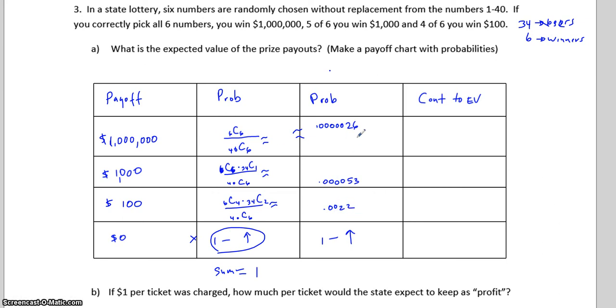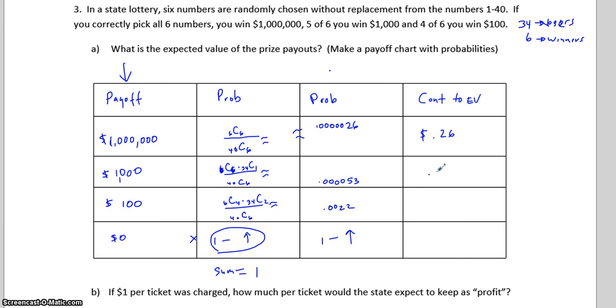And then to get the contribution to expected value, what we're trying to do is find the expected value of this column, the payoffs. So we just multiply payoff times probability here. And when you do that on your calculator, you get approximately 26 cents. So the $1 million times this tiny fraction contributes 26 cents of expected value.